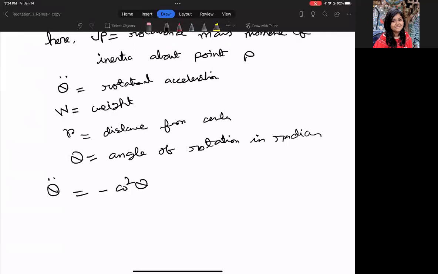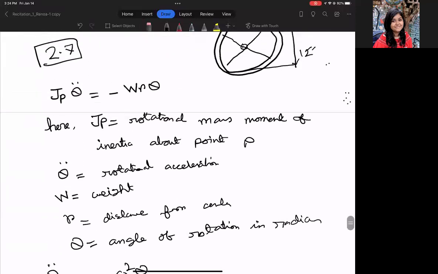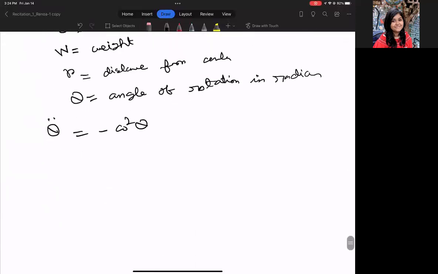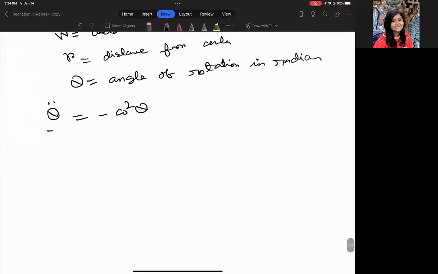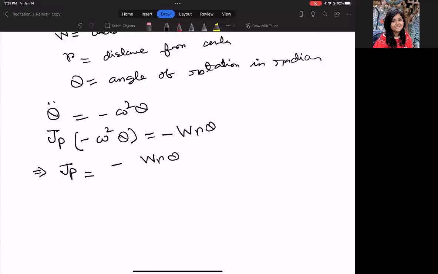So if we put this value here, we can write Jp times minus omega squared theta equals minus WR theta, or Jp equals WR by omega squared.